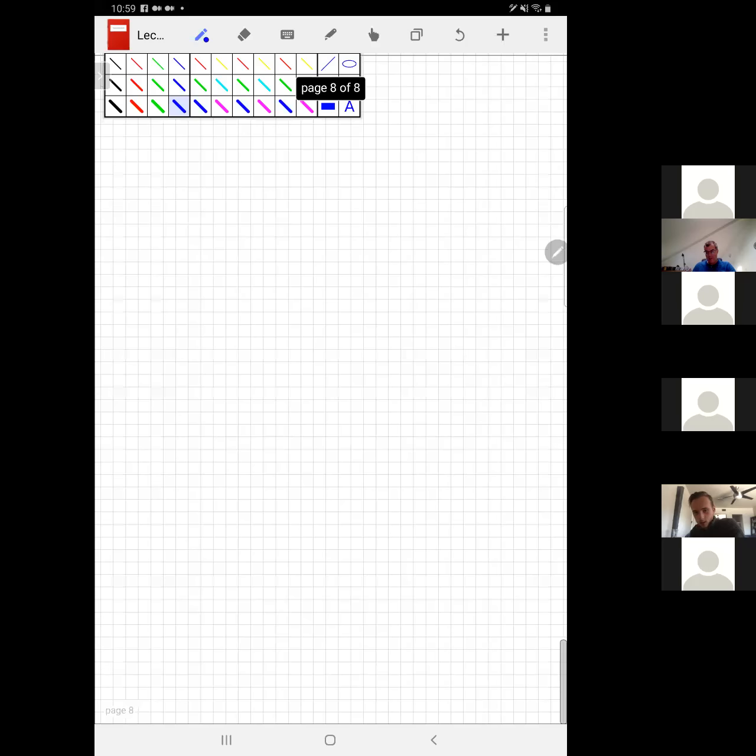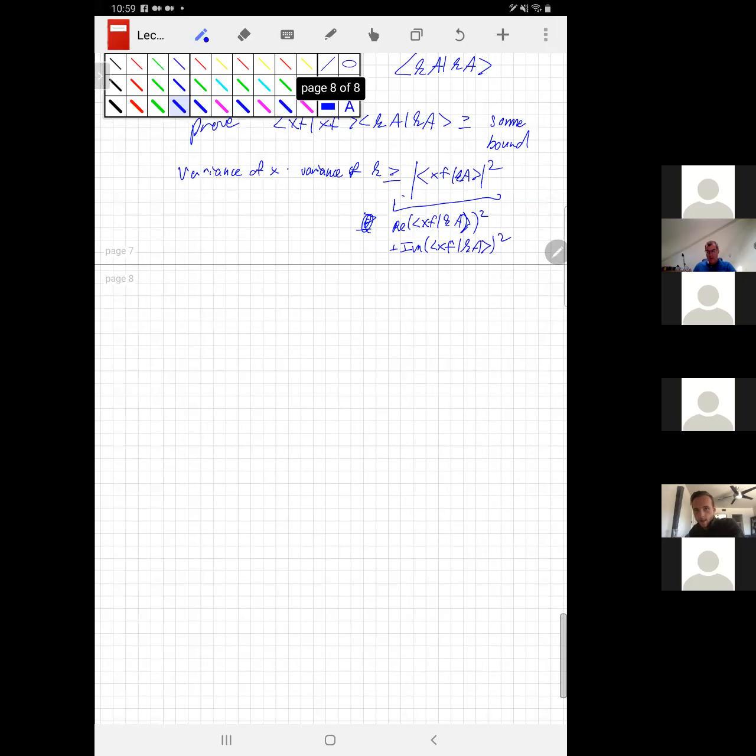It's going to have a real part, it's going to have an imaginary part. And it turns out when we turn the crank on the algebra, the imaginary part is a whole lot easier to deal with.